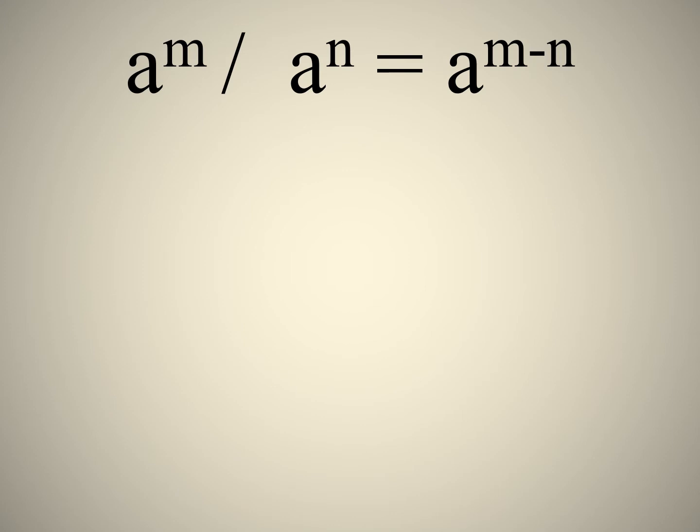Now, the next law is a raised to m divided by a raised to n is equal to a raised to m minus n.